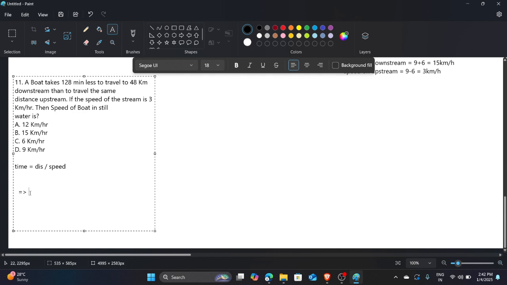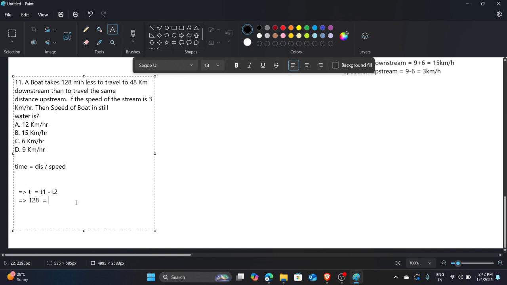The difference between their times, t1 minus t2, is nothing but 128. Well, the time difference, this is the minutes less.